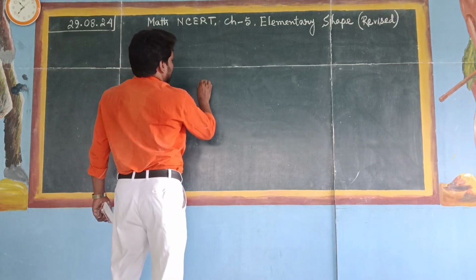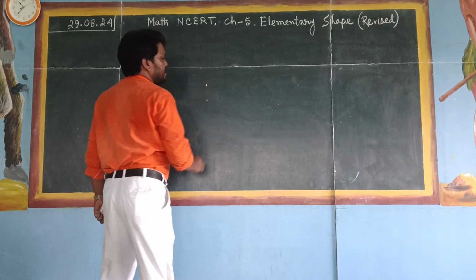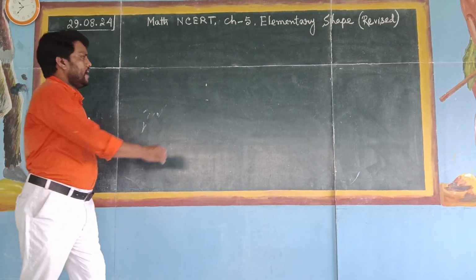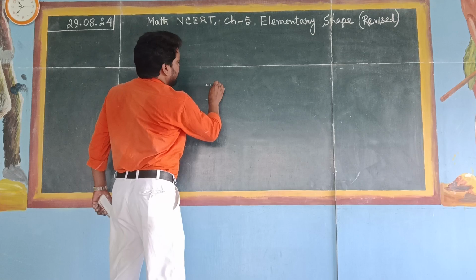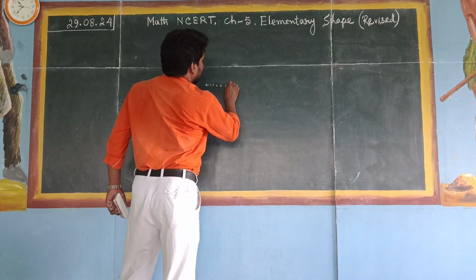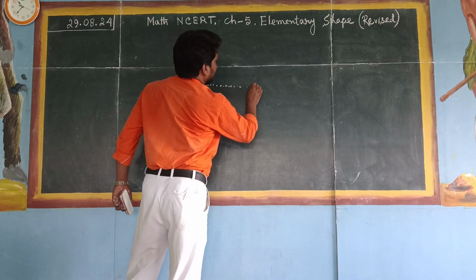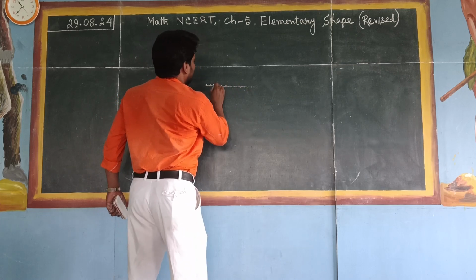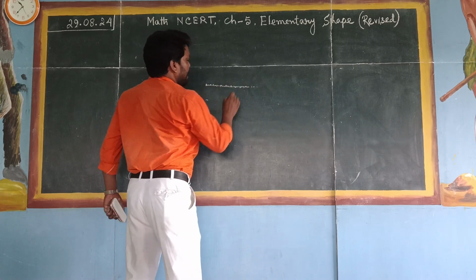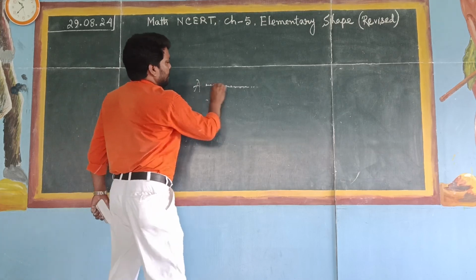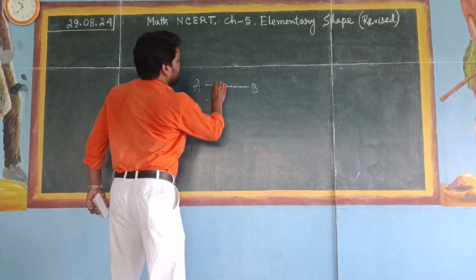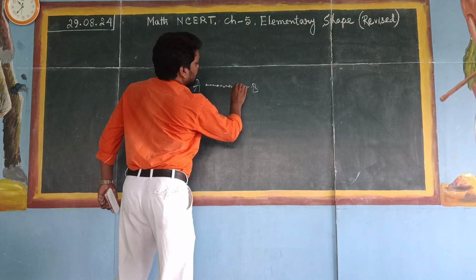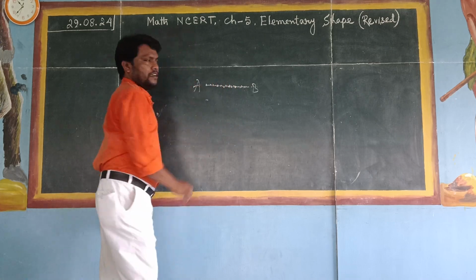Suppose, what is this? It is a point. When some points are in the same line, some points are present on the line. Suppose AB is a line, but there are so many points, 100 points are there.